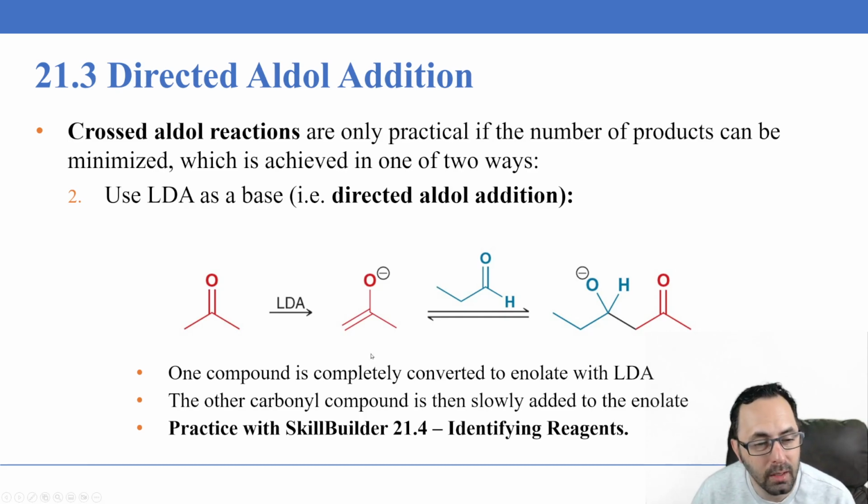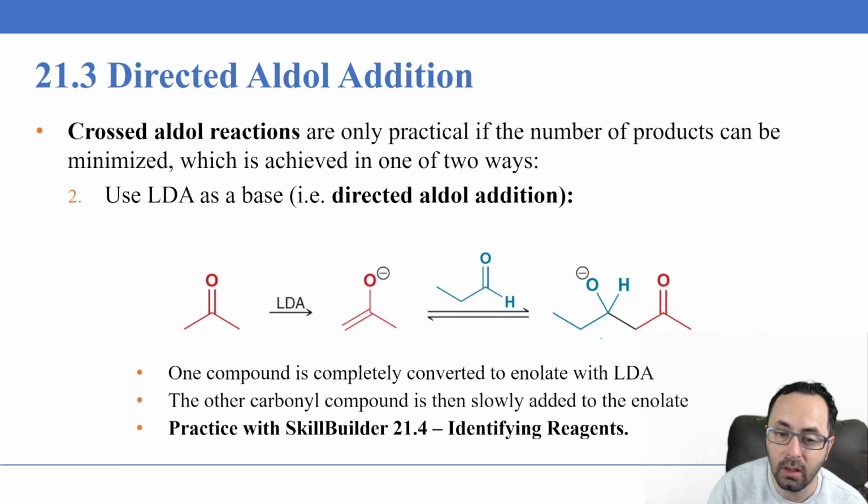Because remember, when we treat with sodium hydroxide, we get this reversible formation of the enolate ion. But alternatively, in a separate flask, we can treat with the LDA and collect the enolate ion, and then we add to that enolate ion another aldehyde. Then we can be assured that we know which was the enolate ion that was formed.